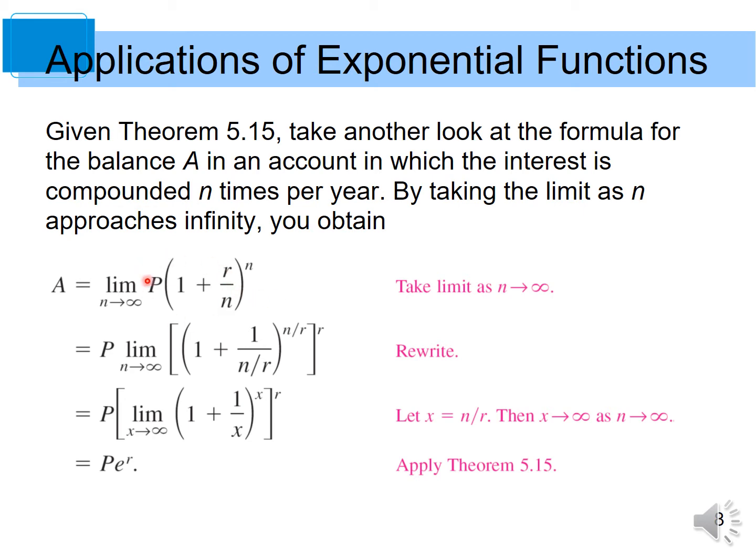So based on the formula, we put the limit n tends to infinity, and after that we rewrite our formula where r over n can be written as 1 over n divided by r, and the power n can be written as n over r times r, and we let x equal n over r.